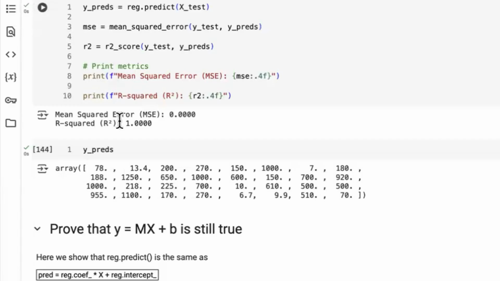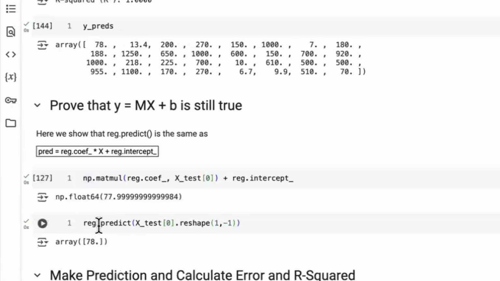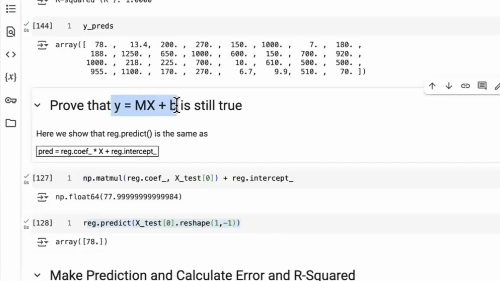Okay, now, I want to show you something here. Now, you remember, okay, what does this predict do? It's simply doing this. You could write it on a pencil now. This says prove that y equals mx plus b. So here I take what's called NumPy matrix multiplication.